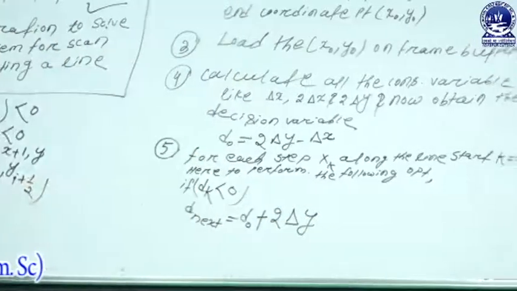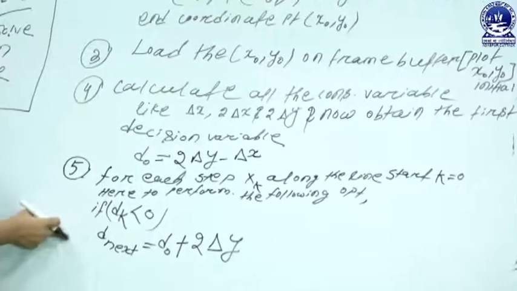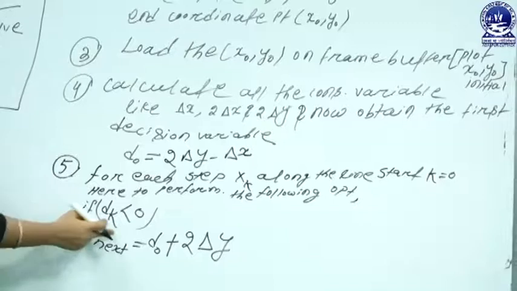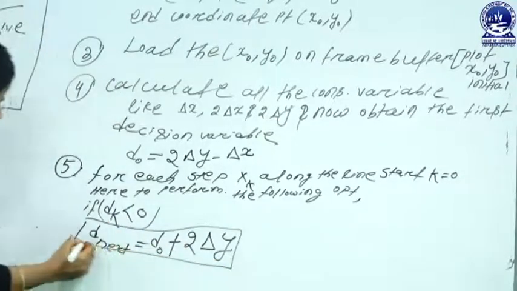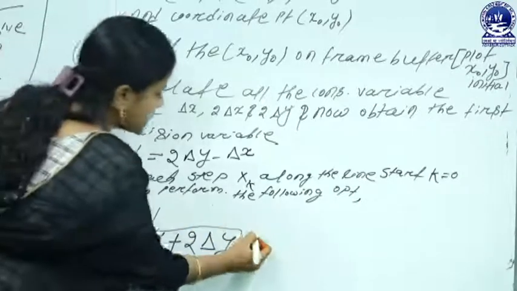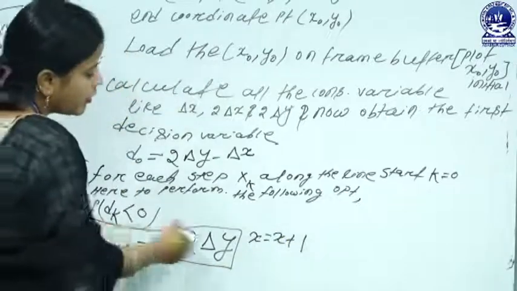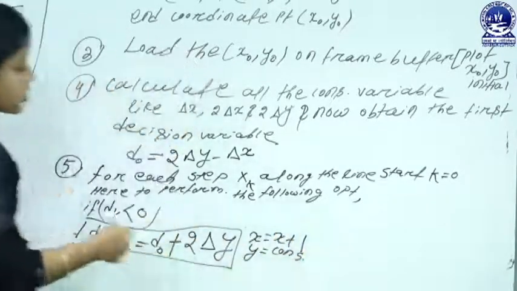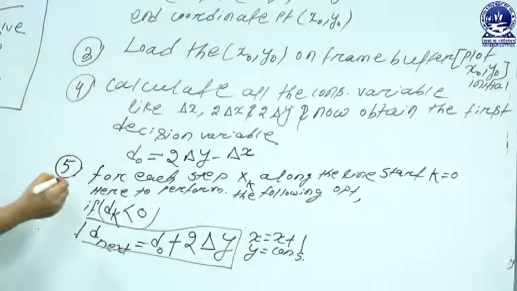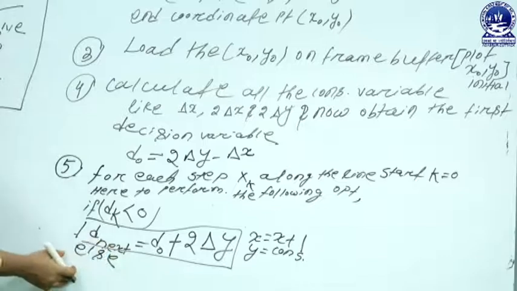When the condition is true, you generate the next decision variable value by this formula, and the x coordinate is incremented by 1 unit while the y coordinate stays constant for the next plotting value. If the condition is false, it goes to the else condition.